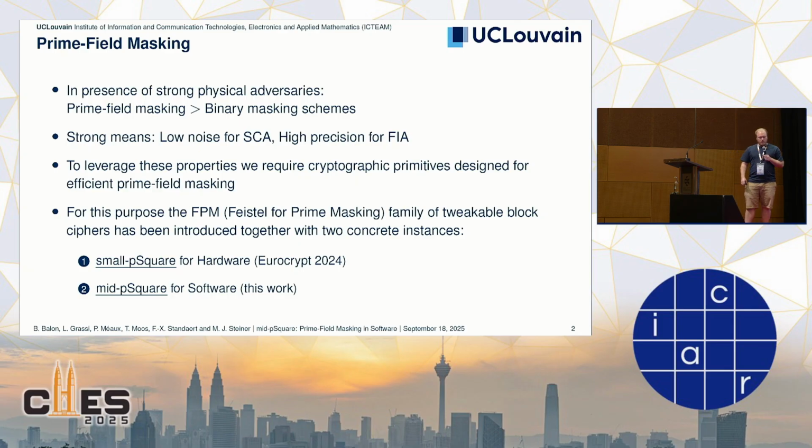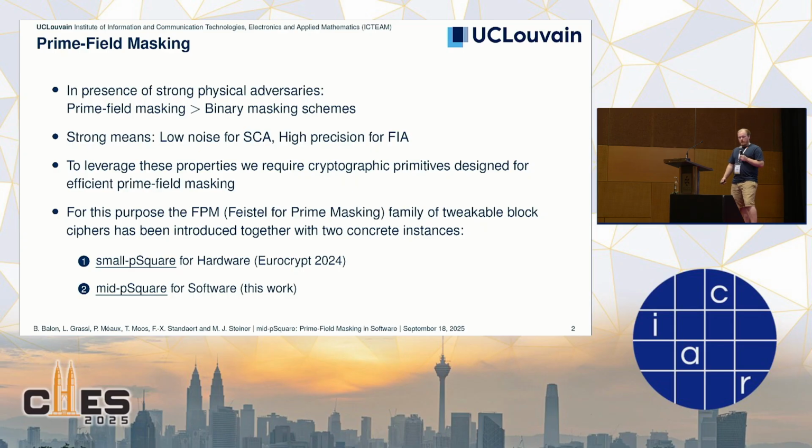Now to leverage these nice properties that we can get theoretically best in practice, we require new cryptographic primitives because the ones we are typically using are at best partially, at worst not at all compatible with this type of masking.